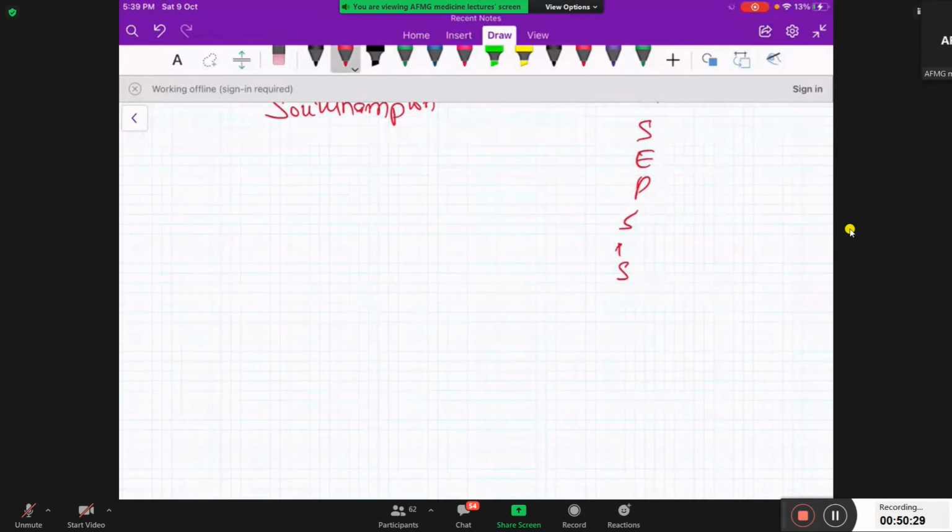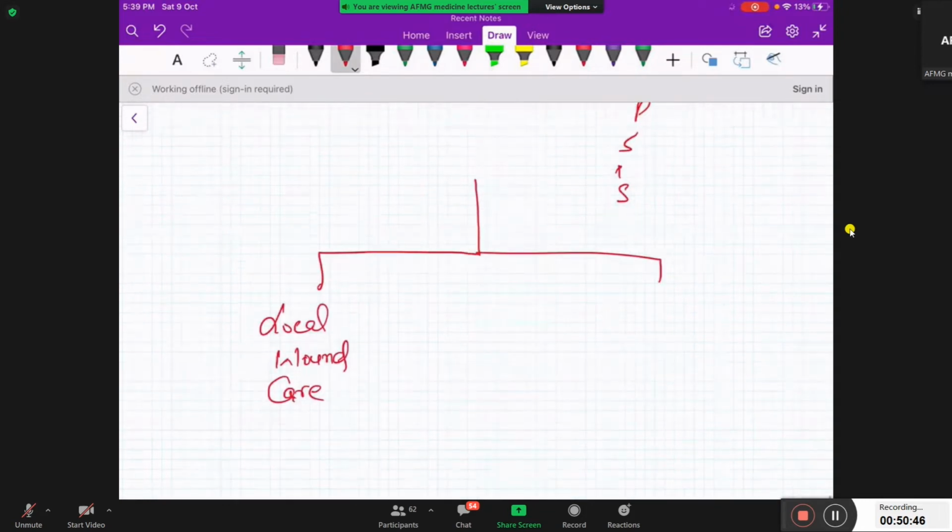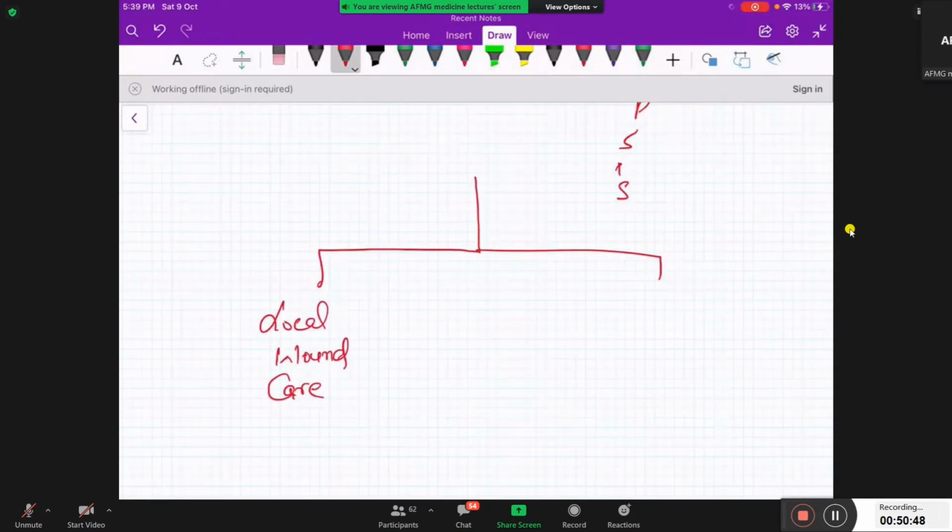Now, what to do when the wound gets infected? In wound infection, we have to do two things. Local wound care, and a systemic wound care.